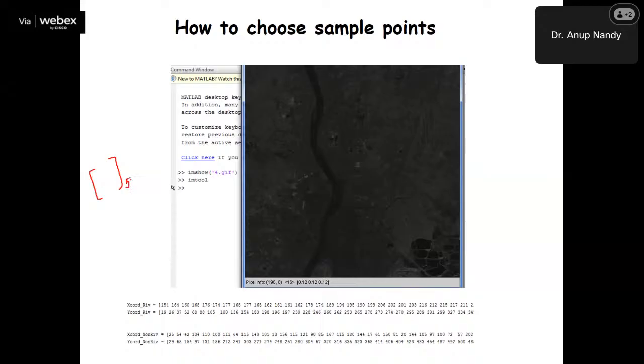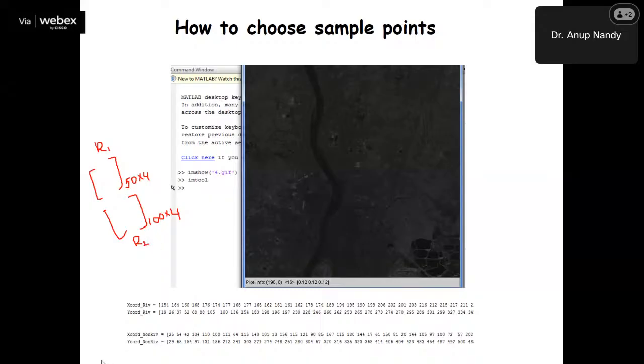The size of the feature vector for the river class is 50 into 4. Now what will be the size of the feature vector for my non-river class? It should be 100 into 4. Why 100 into 4? Because this is my non-river class.